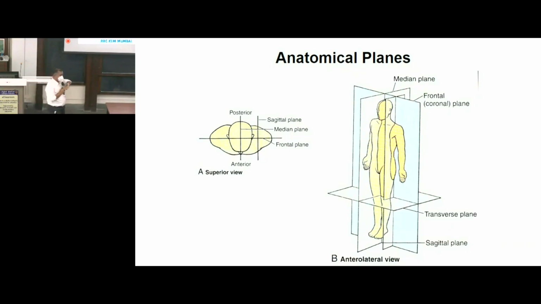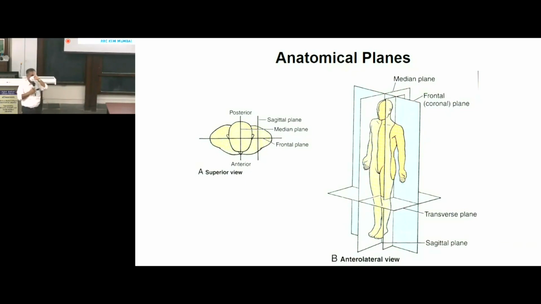This is called the transverse plane or horizontal plane. Transverse because trans means across. Verse is vertical. So across the vertical is transverse. And horizontal because it is parallel to the horizon. Got it?